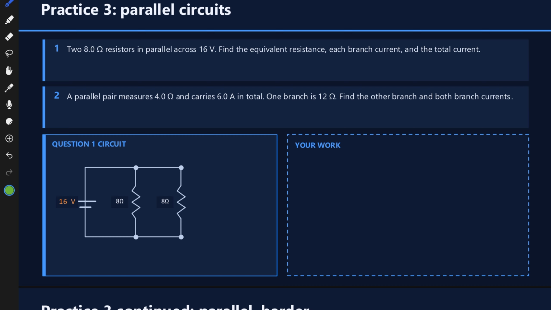So the equivalent resistance is basically the resistance total. Instead of having 2 parallel branches, we can just make it a series circuit with one branch of one resistor of resistance total. The circuit can't see, right?